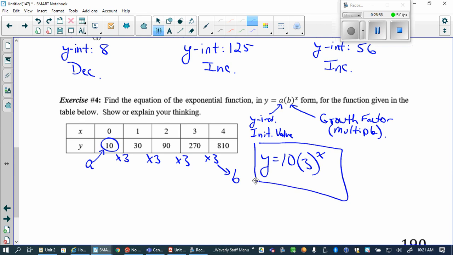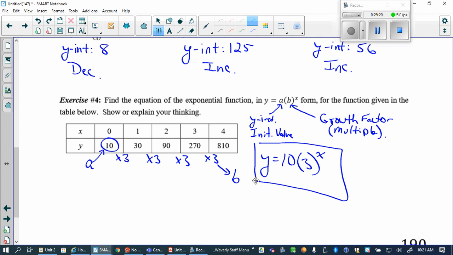So basically you guys just did what's called an exponential regression in your head without having to let your calculator do it. The calculator will do these. When I say do an exponential regression, you take data like this, analyze it, and generate the equation that made the data. That's called a regression.